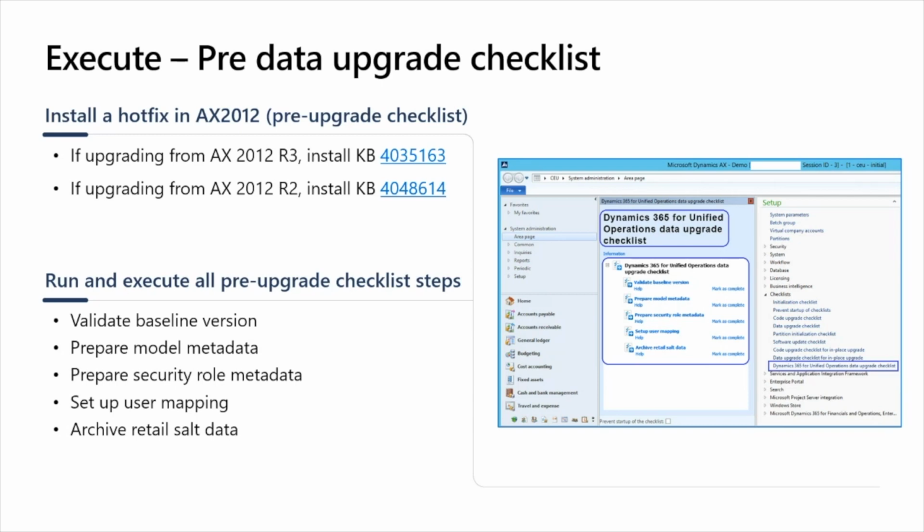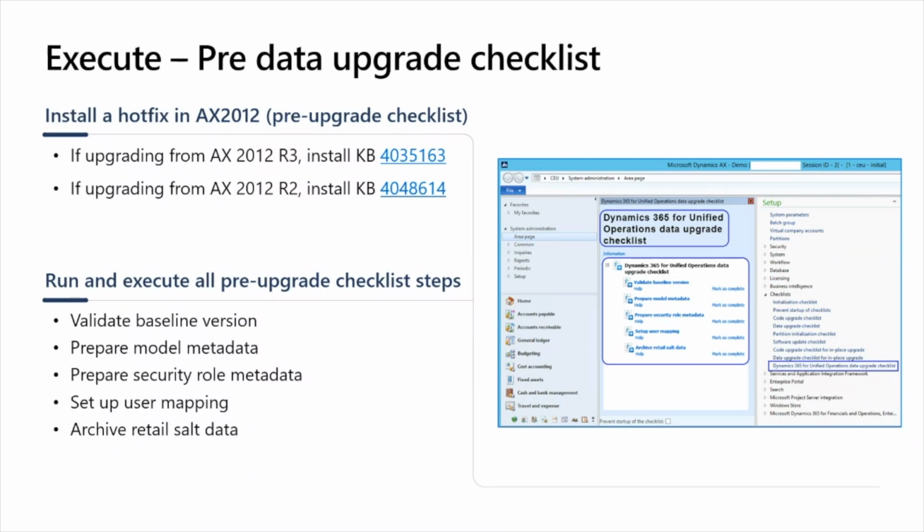But in FNO, we have only a single database. We will bring the business database from AX2012 for the upgrade activity. So we need a few important details to move from the model database to the business database. With this pre-upgrade checklist, we are doing that activity. With different customers, we have seen this step missed and a lot of issues faced in the upgrade activity. So it is a very important step.